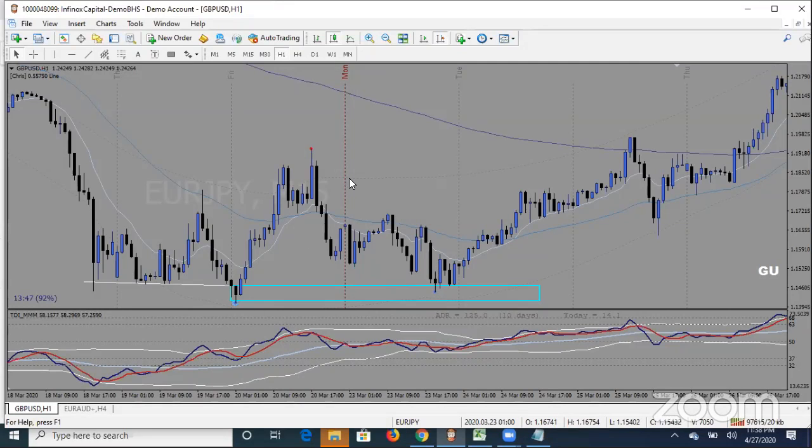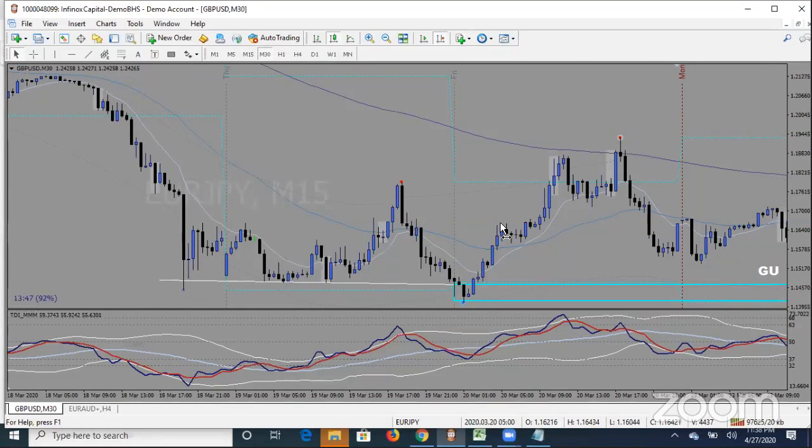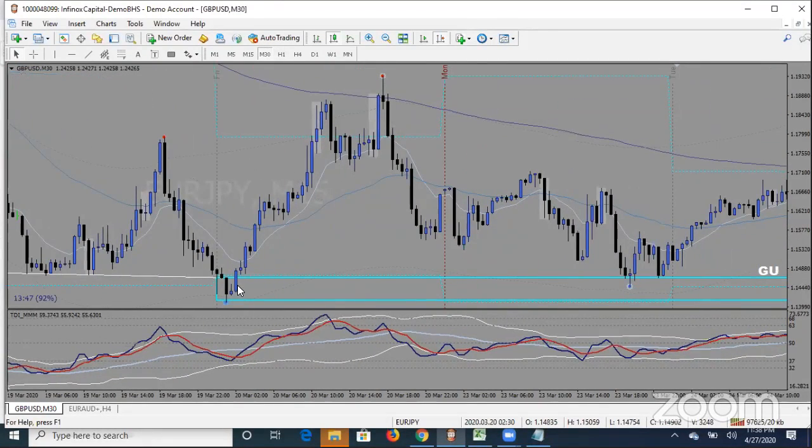No. And the last thing I want to state here is that what I just explained can be done on virtually every time frame. So if I go down to the 30 minutes, I can see my engulfing candle, and that's my entry.